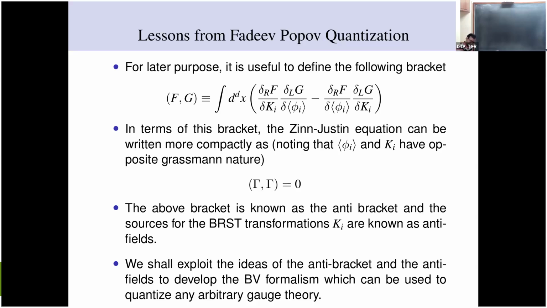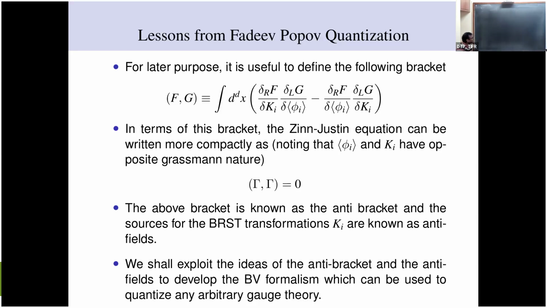So you introduce sources for phi and sources for the transformation. It's two objects. Then you Legendre transform with respect to the first source, so you get an effective action for phi, but you keep the sources there for the second. It's a mixed kind of thing, and that gives this.